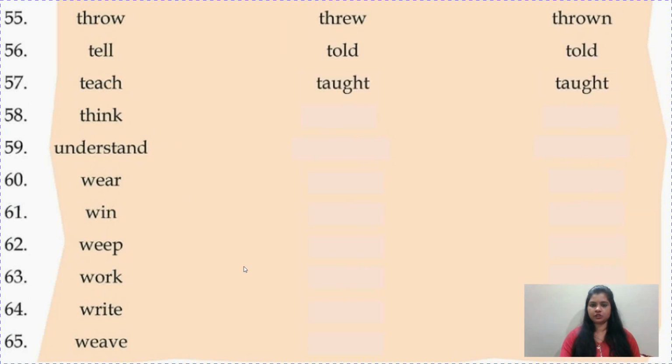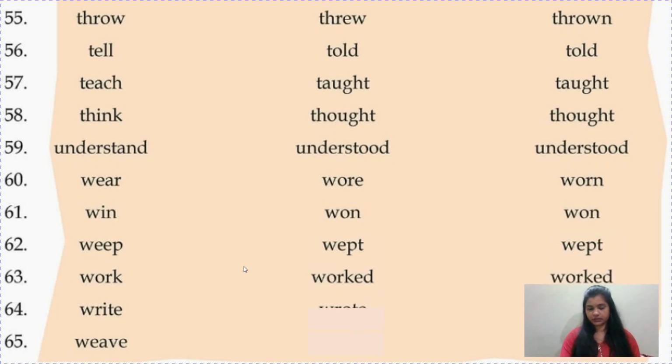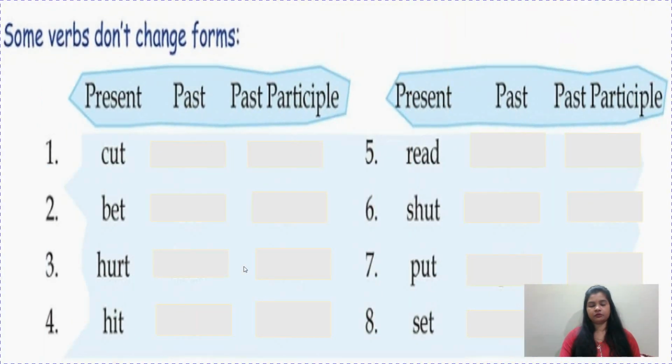Teach, taught, taught. Think, thought, thought. Understand, understood, understood. Wear, wore, worn. Win, won, won. Weep, wept, wept. Work, worked, worked. Write, wrote, written. Weave, wove, woven. So children, you have to learn all the three forms of the verb.